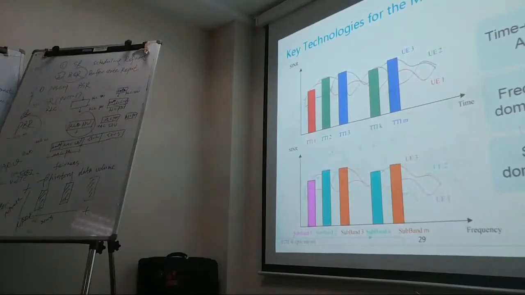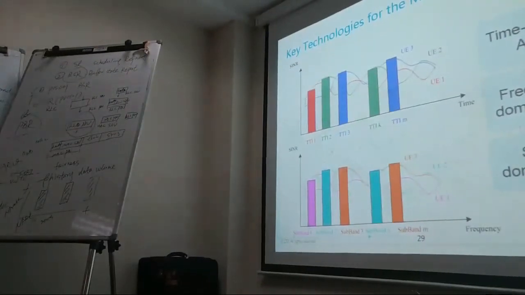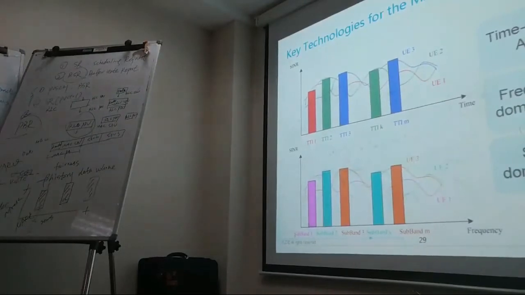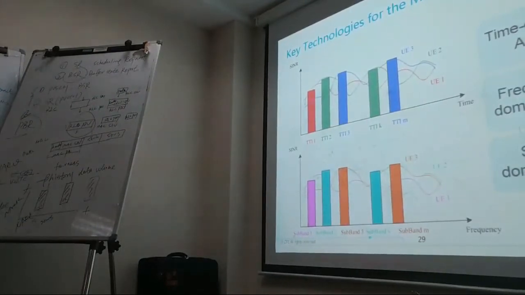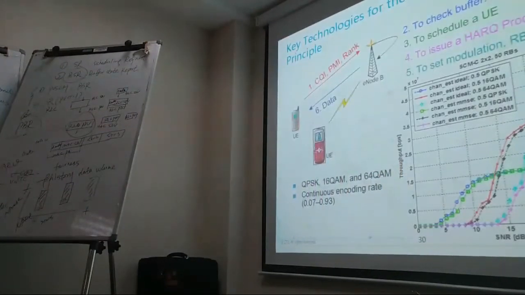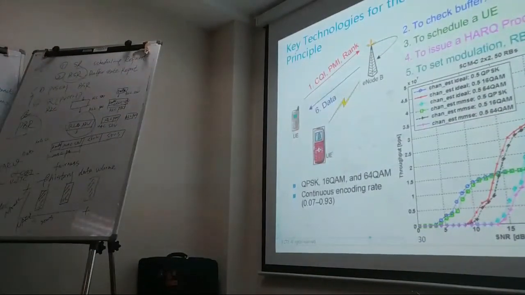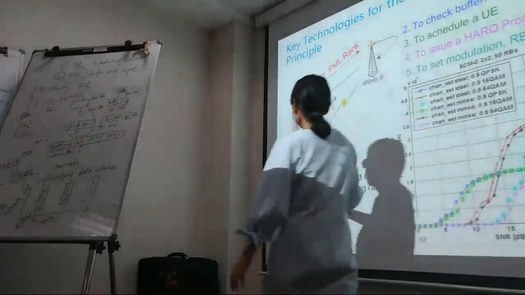That means you decide and adjust the AMC according to the time, the frequency, or the space. So no matter which one, we will decide according to the channel quality. So this is the procedure we decide it.